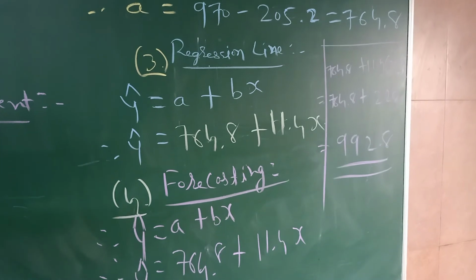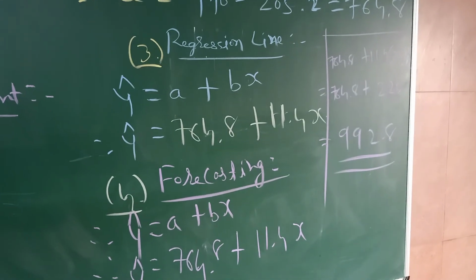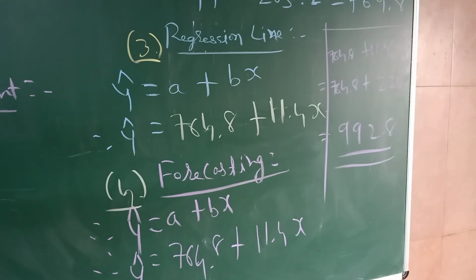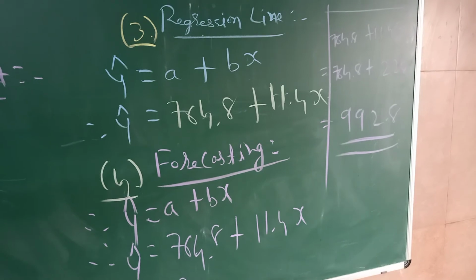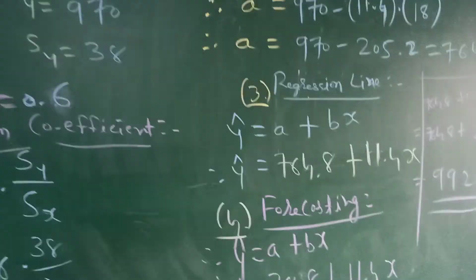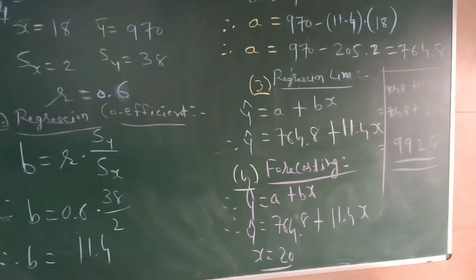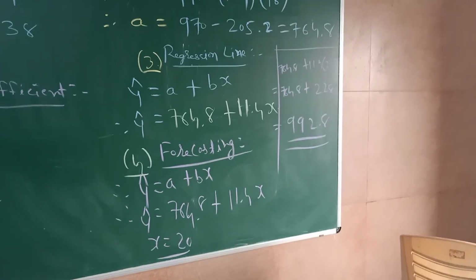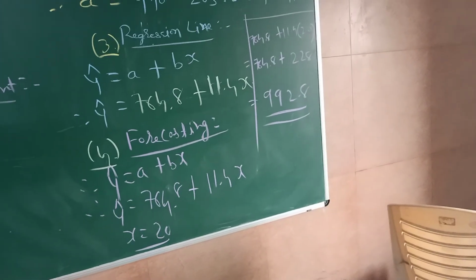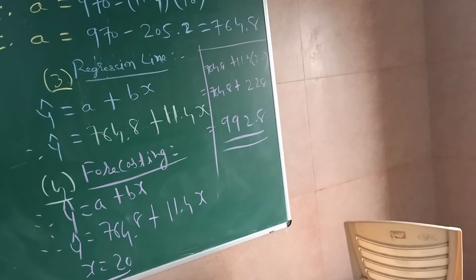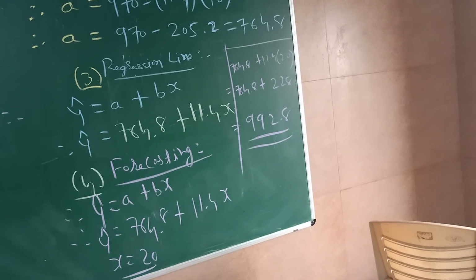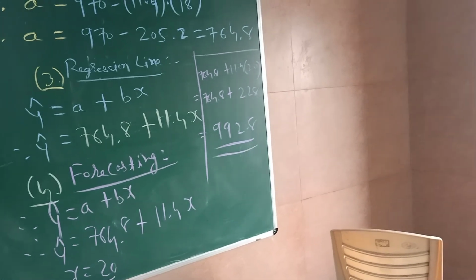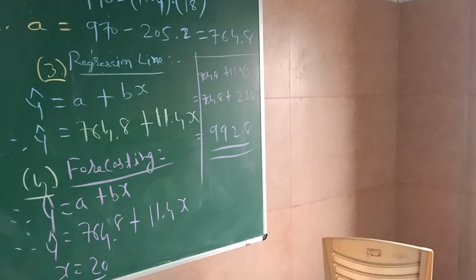Here in this particular question, they ask for forecasting. So in place of x, we put the forecasting point, that is 20. So 764.8 plus 11.4 into 20. So 764.8 plus 228, 11.4 into 20 is 228.